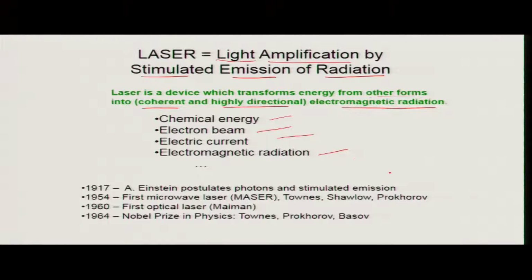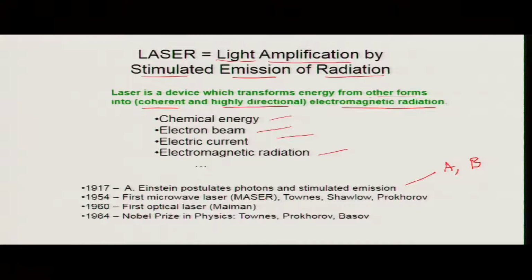And this is based mostly on the work of the postulates provided by Einstein, who first gave the aspect of photons and stimulated emission by his famous A and B coefficients, which we will go through here.